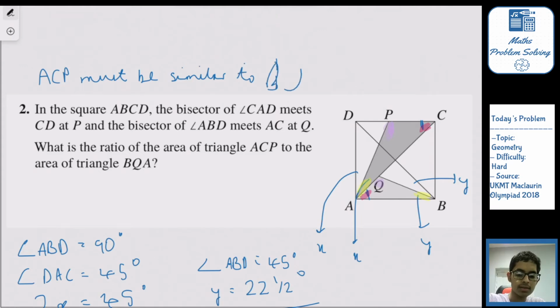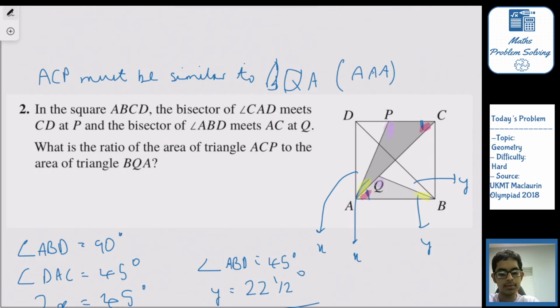And then since this is an Olympiad and we do need to show our workings, we'll say by AAA. That's the similarity rule, sorry, because if three angles equal each other in a triangle, then the triangles are just going to be like, I guess, scale factors of each other, if you want to think about it like that.